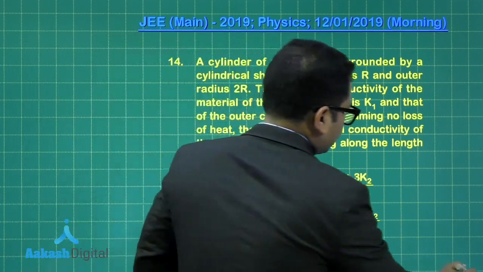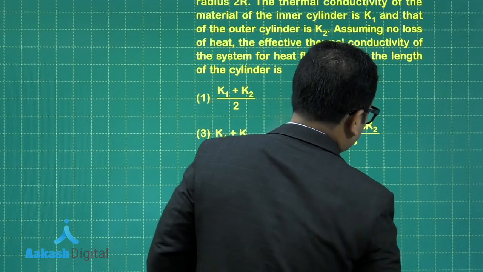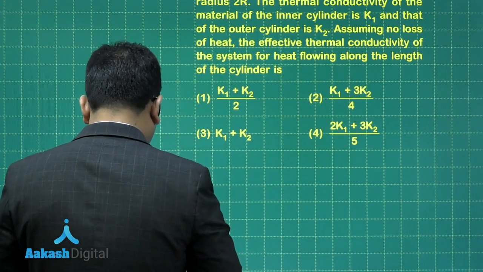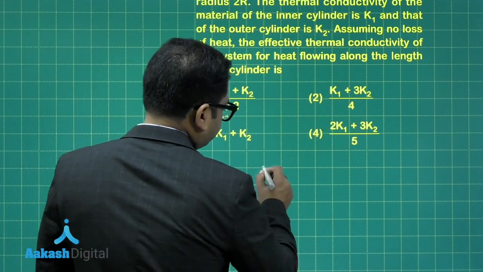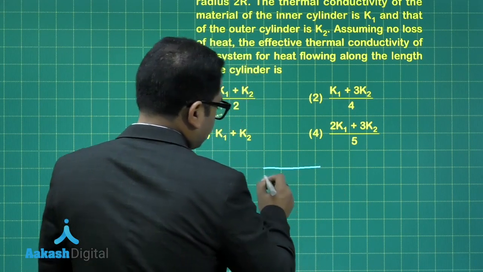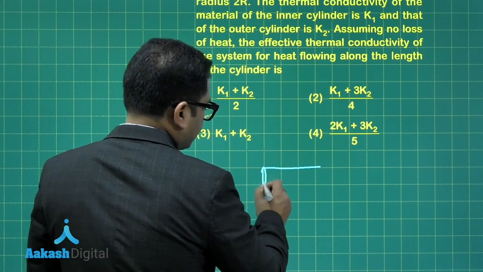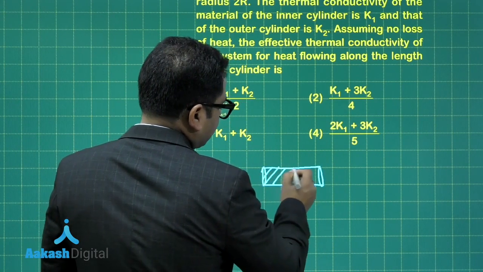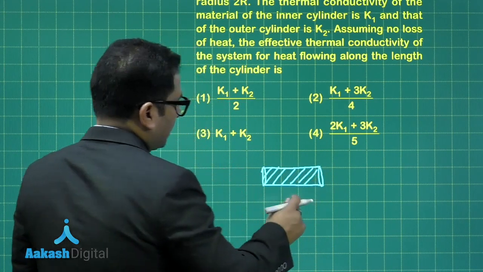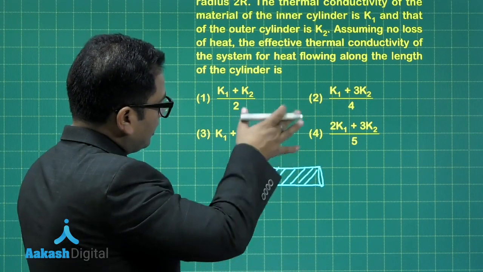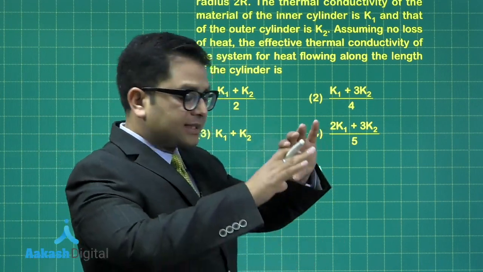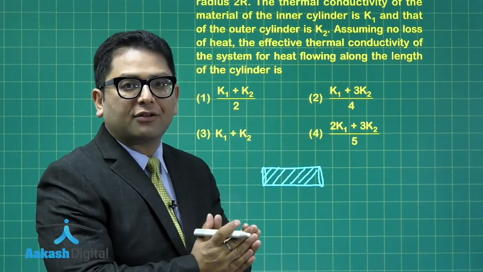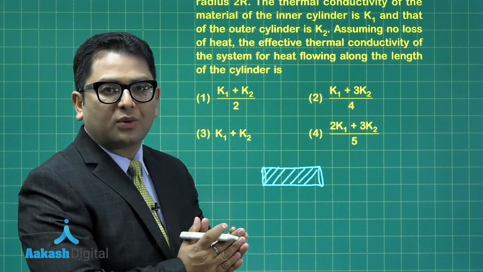So it's something like this. Let me show the situation with the help of a figure. So here I get this as a solid cylinder of radius R. So let's say that's a solid cylinder, and around the solid cylinder there is a cylindrical shell of inner radius R and outer radius 2R.